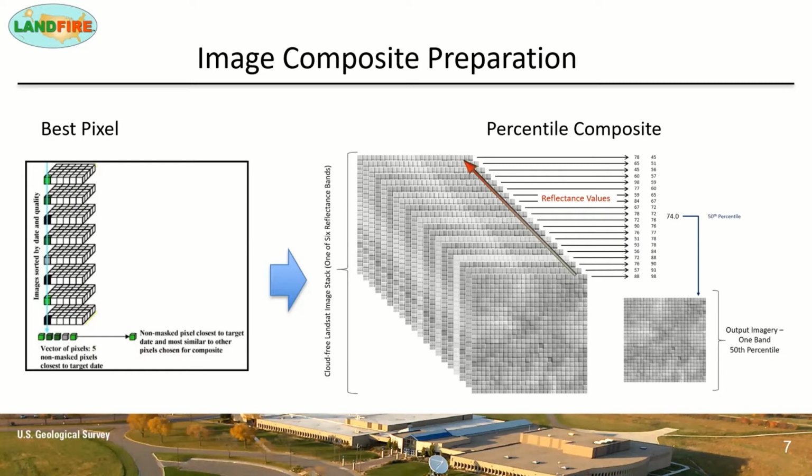For early season and late season. Alaska is obviously going to be different than Texas, for example. But you take the range of dates and all the imagery within the range of dates and you order them in terms of reflectance values, and then you take the 50th percentile. So you're essentially getting the middle value for each pixel within that date range.